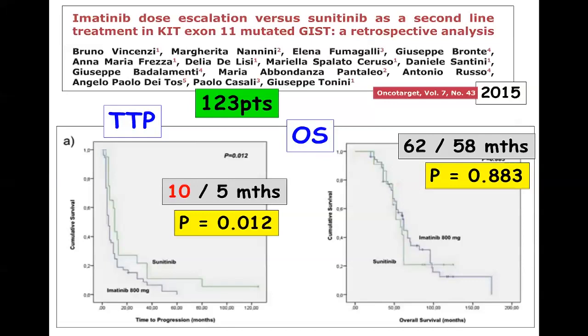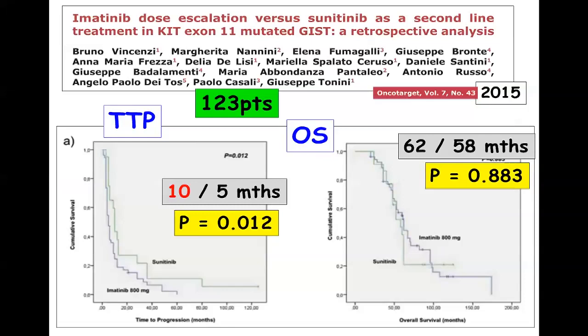In the case of progressive disease on 400 milligrams, an option may be to increase the imatinib dose to 800 milligrams daily, with the exception of insensitive mutations such as PDGFR D842V and wild type.